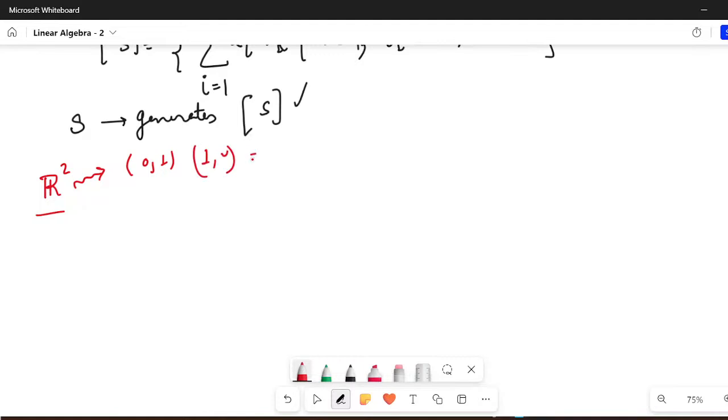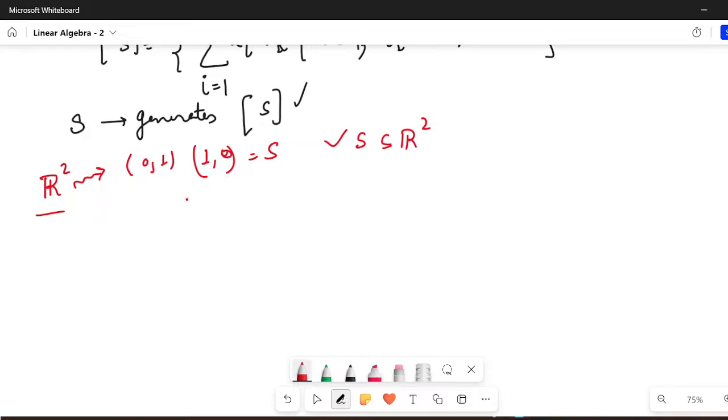So clearly, I can write them as S. So my S is a subset of R square. Yes or no? True. From R square, I'm just choosing these two elements, that is 1, 0 and 0, 1. Can this S span the entire space? Yes, it can. You can write the entire R square in terms of these two, 0, 1 and 1, 0.